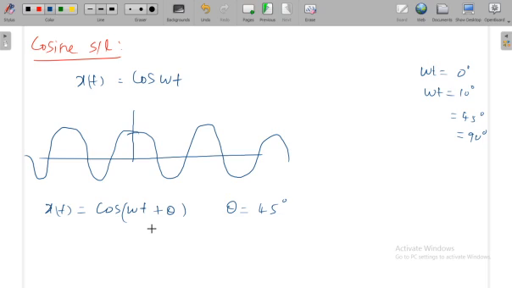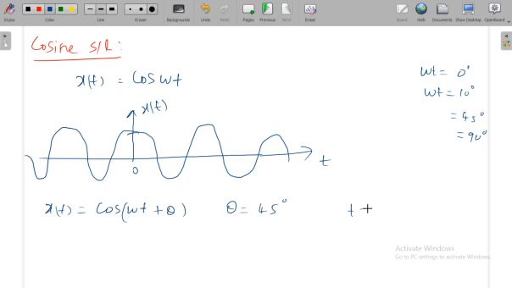In reality, theta can be anything. Then how will your diagram look? Say if this is 0 reference axis, this is time, this is x of t, then where exactly will my diagram start, either here or here? Because one thing is clear, when t is 0, this is not cos 0 because theta is there, it is cos 45 degree.